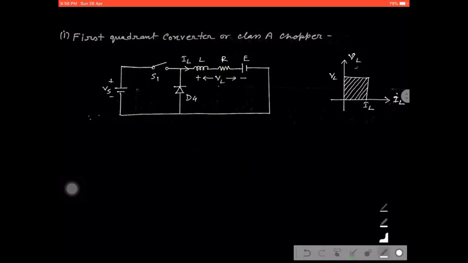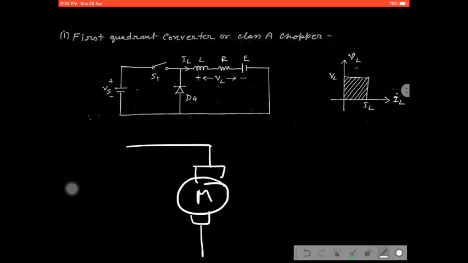See, suppose you are trying to move a motor and you are giving the supply voltage, then the motor starts moving, and suppose you are using a switch over here. When the switch is closed, the motor starts moving due to the presence of supply voltage, right?